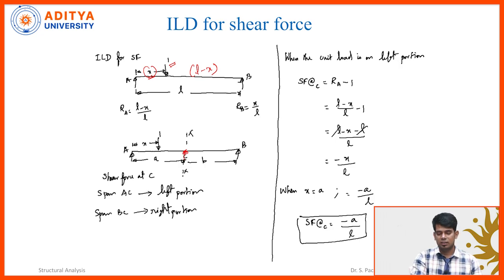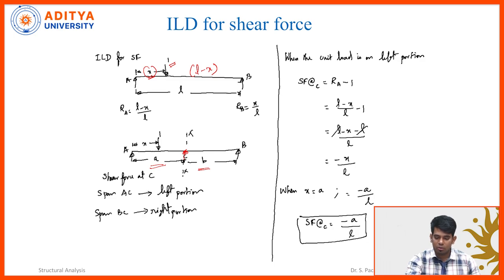Consider point C exactly at L by 2, at the center. From the left support, the XX section is located at a distance of a. From the right support, the XX section is located at a distance of b. So span AC is the left portion and span BC is the right portion.